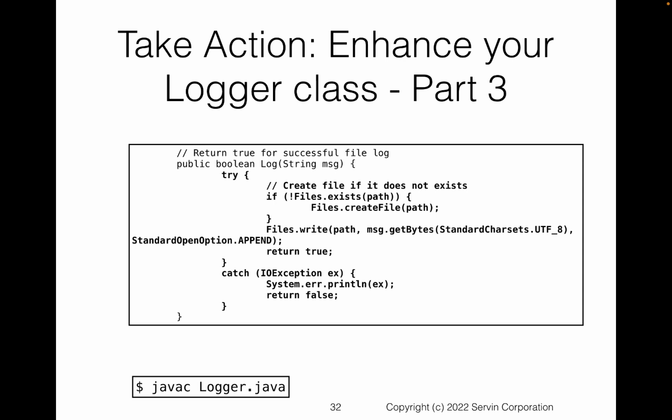And notice also we're doing a StandardOpenOption.APPEND because we want to append to the file, right? If this is a logger, we'll keep appending to it. So if all that works, that is, we don't have the exception, we return true. Otherwise, if we had some type of exception, we would return false. Of course, once we get this, we do a javac Logger.java to make sure we've got that correct.